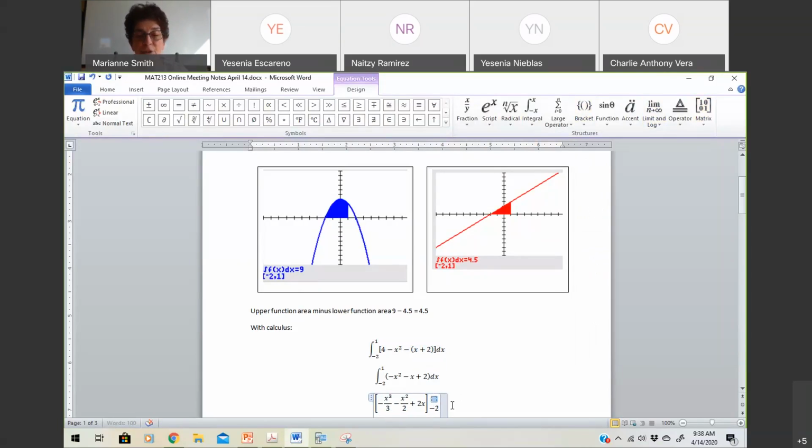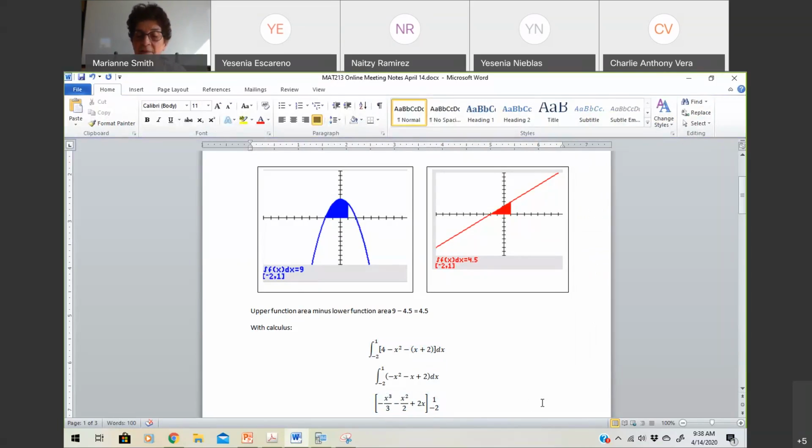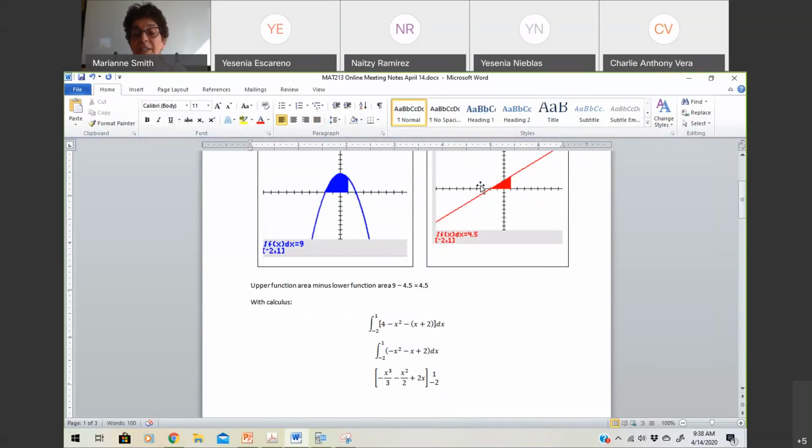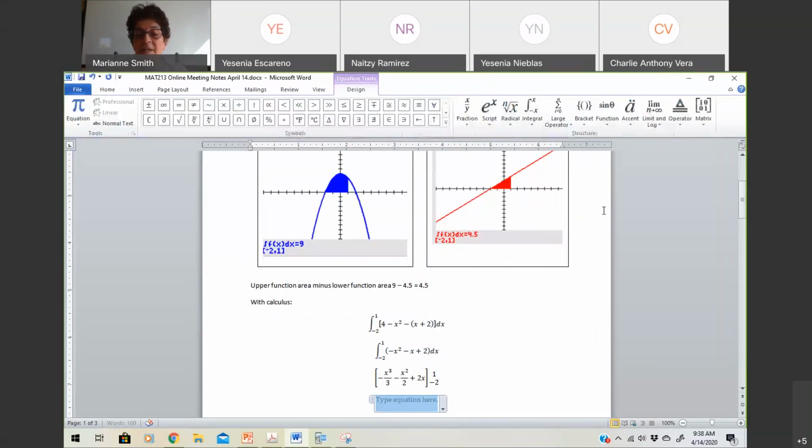So again, I'm showing you the longhand calculus way of doing this, and we should get 4.5, hopefully. So I'm going to take this at the upper bound. That means I'm going to put in the 1. Everywhere I have an x, I'm going to put a 1 in.